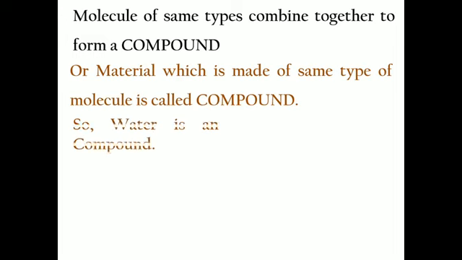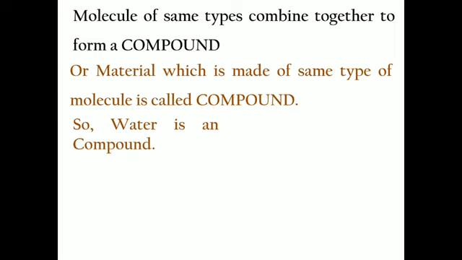Let us see again an example of water. The water molecule we have seen is H2O. Now if lots of these H2O molecules combine together, they form a compound. This compound is a substance which we can physically see. An element is visible to us, and a compound is again visible to us.